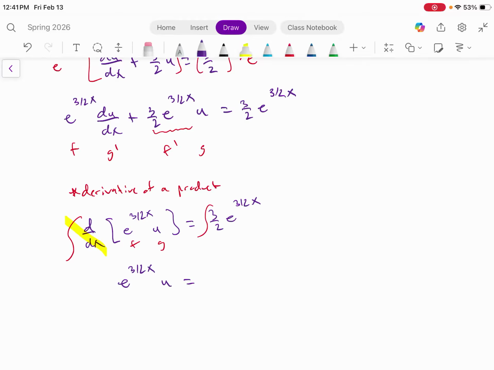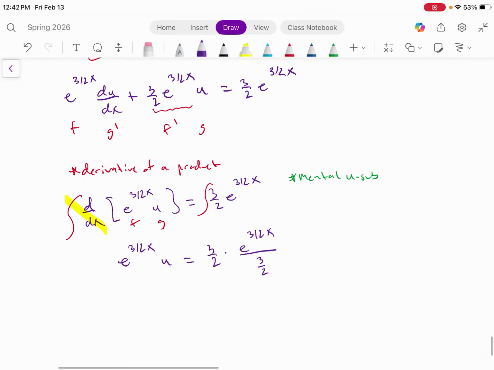So, another mental u sub situation. Okay, so what you end up with is 3 halves times e to the 3 halves x over, you know, 3 halves with the mental u sub. It's just 1 over that constant inside.